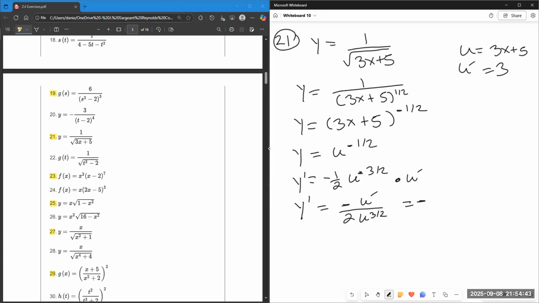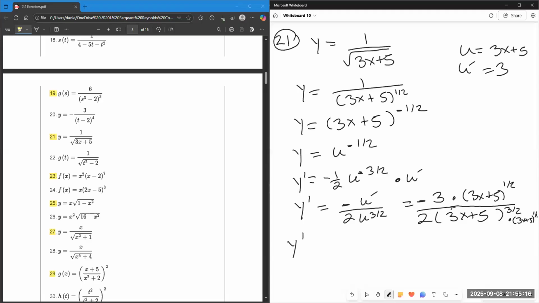That will be equal to negative 3 over 2 u to the 3/2, with u being 3x plus 5. Let's go ahead and rationalize that denominator by multiplying by 3x plus 5 to the 1/2 in the top and 3x plus 5 to the 1/2 in the bottom.